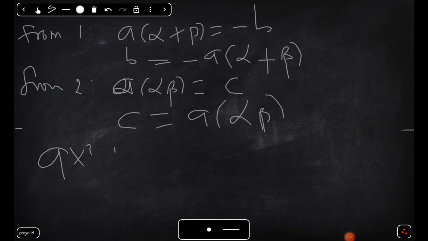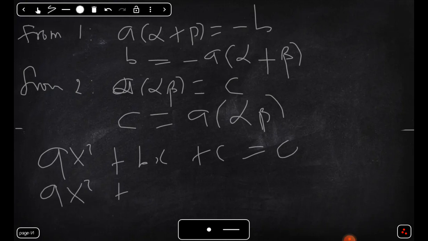The quadratic expression is ax squared plus bx plus c equal to 0. So now we have ax squared, our b now is negative a into alpha plus beta, times x, then plus c.